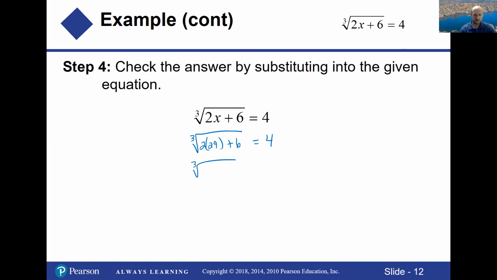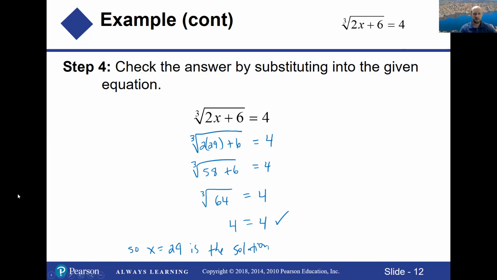So simplifying, 2 times 29 is 58. 58 plus 6, and then 58 plus 6 is 64. And the cube root of 64 is in fact 4. So it checks. So x equals 29 is the solution. Okay. Awesome.